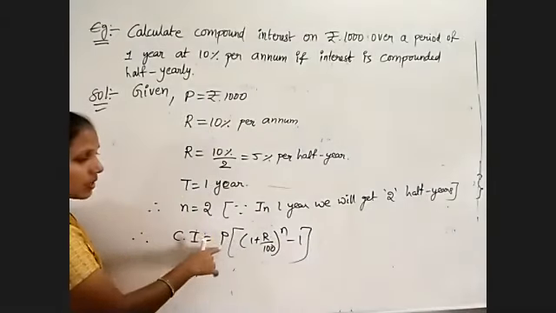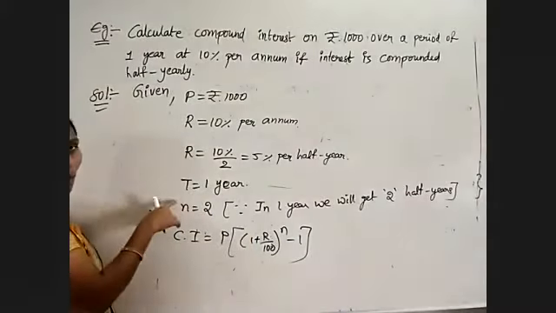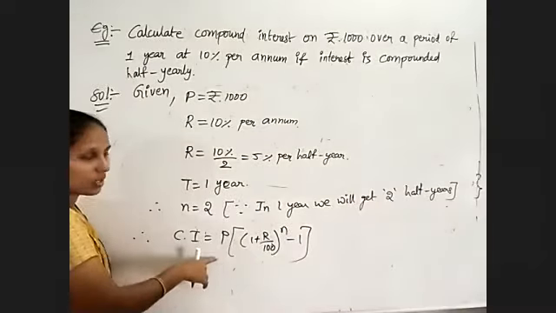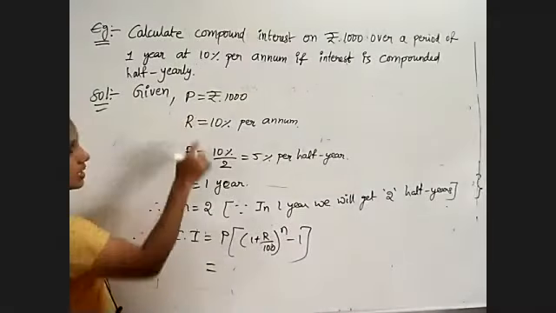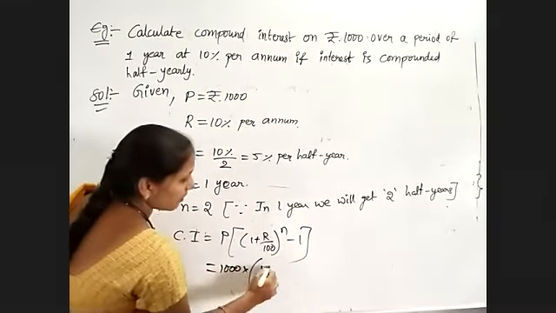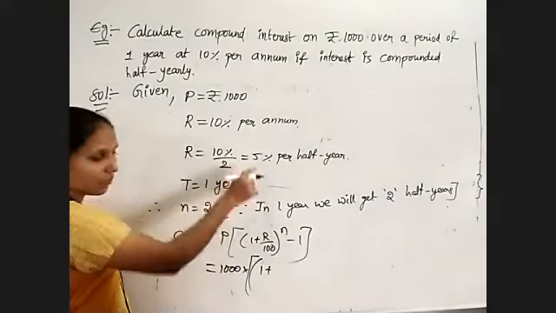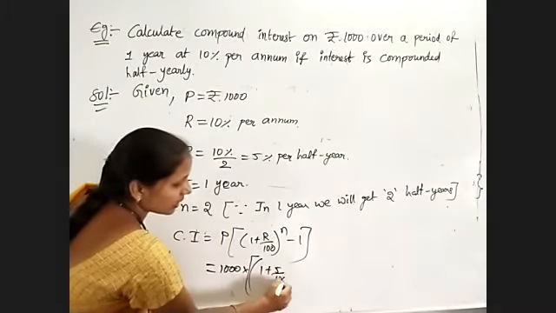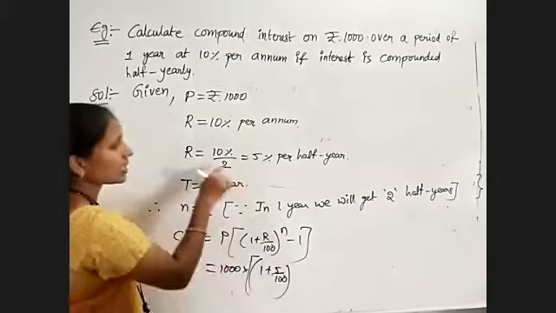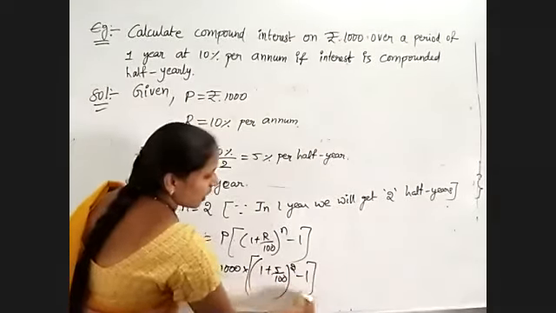When principal and rate of interest you know, and if they did not give an amount, in that case, use this formula. So here we know the principal is 1000 rupees into (1 plus R value is 5% for half year, that is 5 by 100) to the power of n, number of conversion periods, is equal to 2, minus 1.